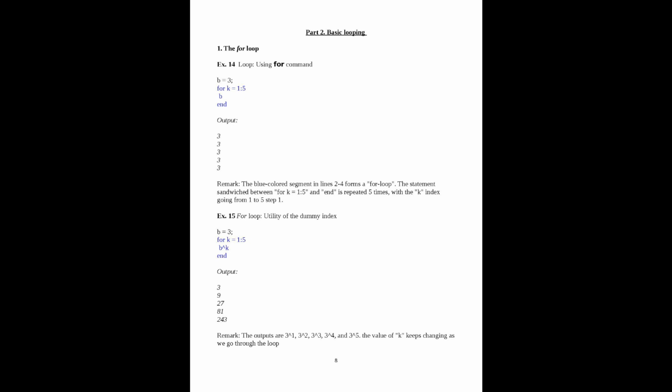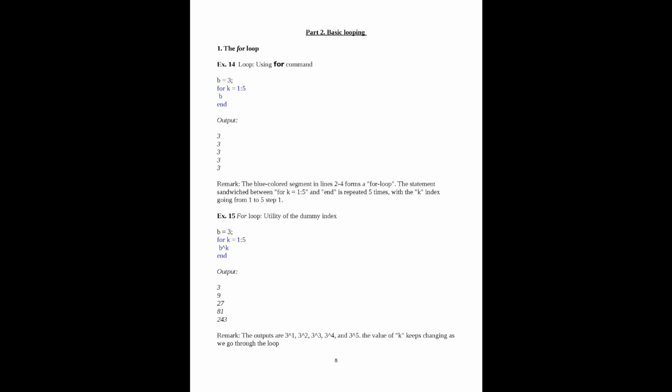If you use the for command, you have to end that for loop, you have to write end to complete the loop. So it displays the value of b, 3, 5 times, with the k index going from 1 to 5. Don't use a semicolon in front of for because it doesn't execute then.